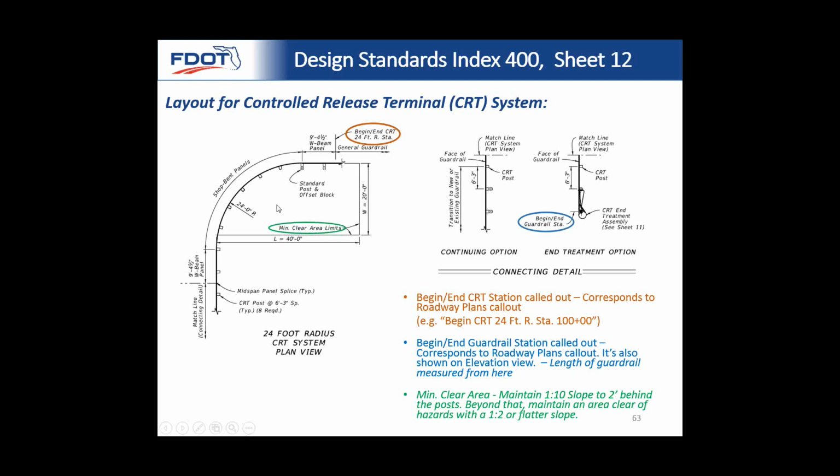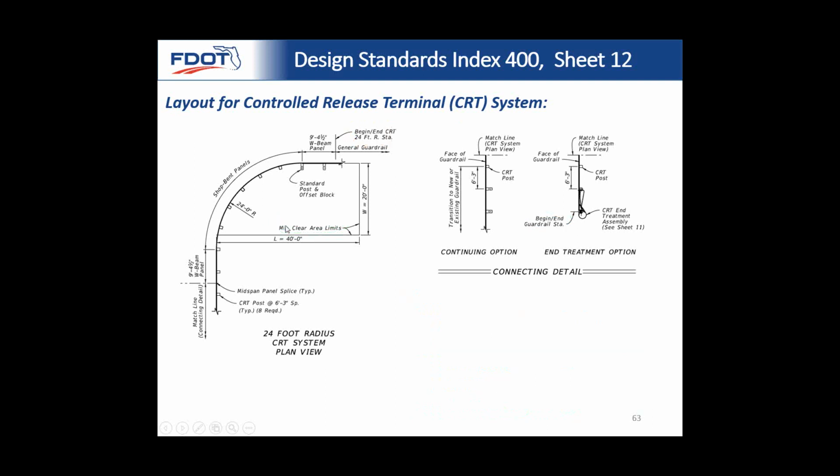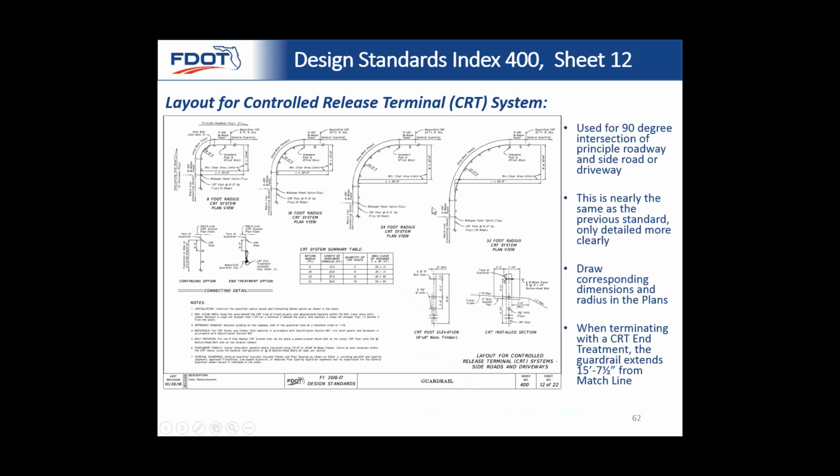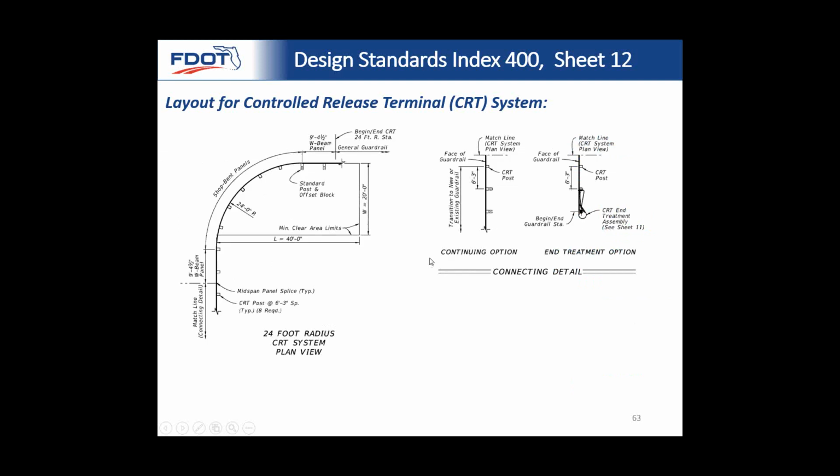So it's very important to keep this whole area clear. If you have some type of fixed object or a canal, the vehicle is going to go right into it, and that's not safe at all. So we have to pay real close attention to the way it's drawn. This is a lot clearer than the previous standard, so it will probably be followed a lot more closely. The previous standard was simply hard to follow, and that's why we saw all kinds of variations that aren't crash tested and won't work.